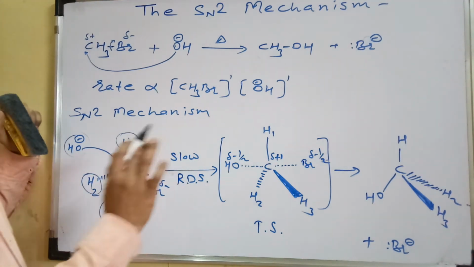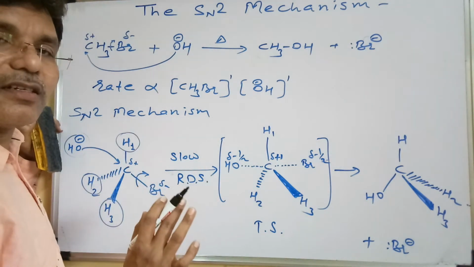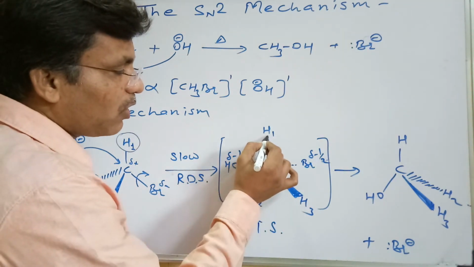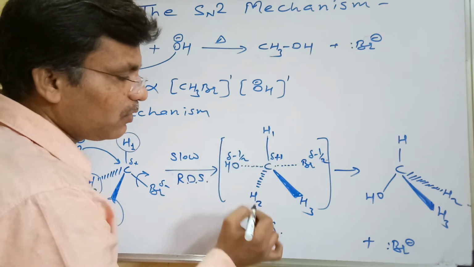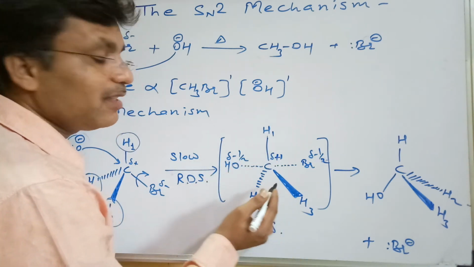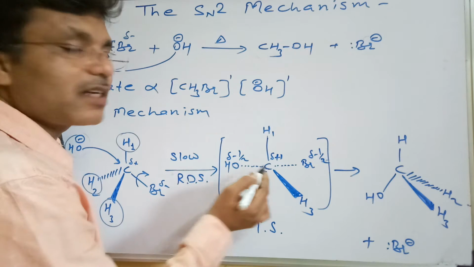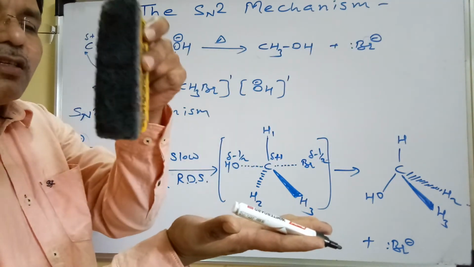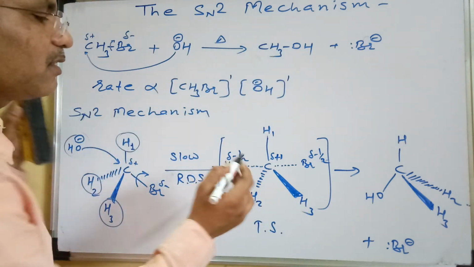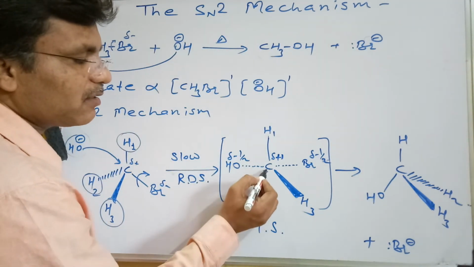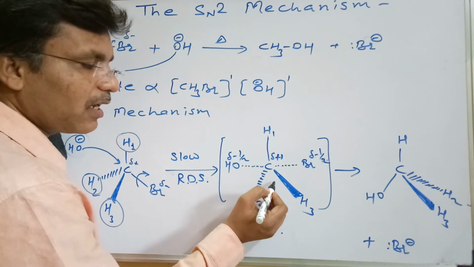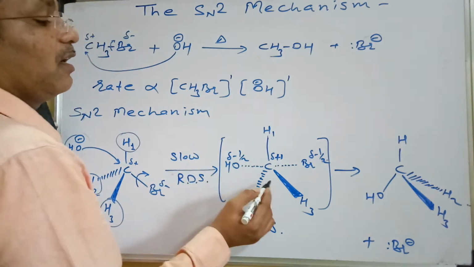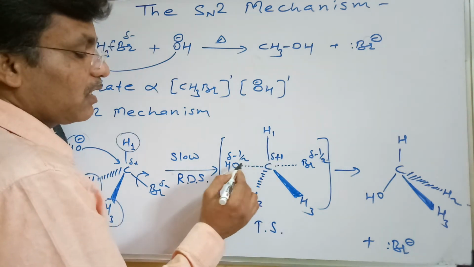The third salient feature about this reaction is that in the transition state, these three hydrogens, 1, 2, 3, are present in the plane along with this carbon, and the angle between them, the H-C-H angle, is 120 degrees. This has sigma bonds.